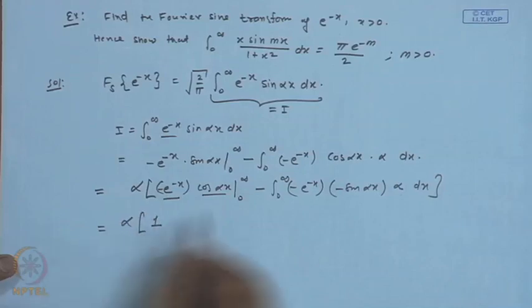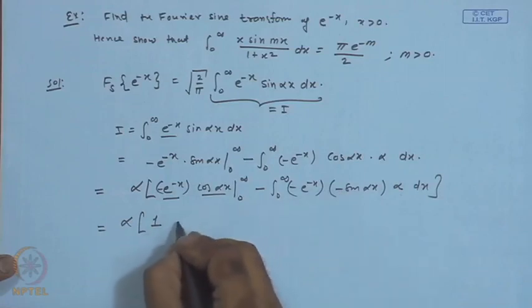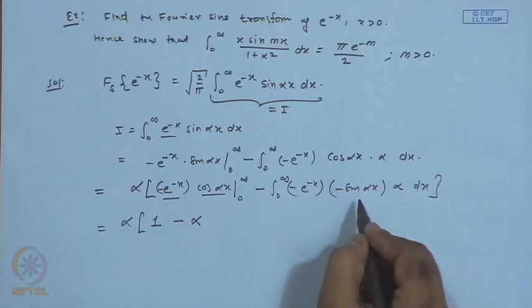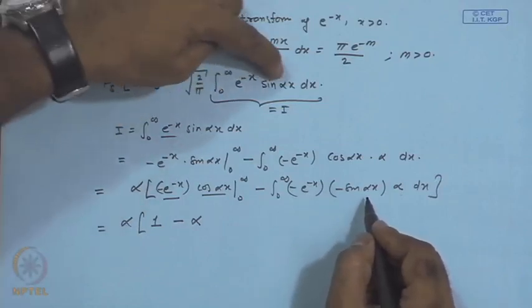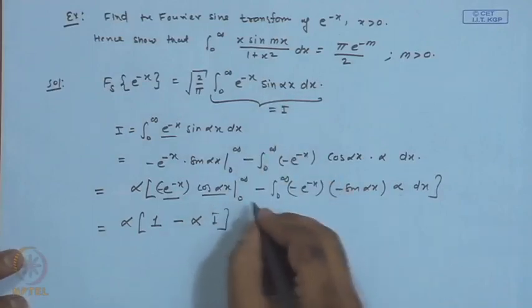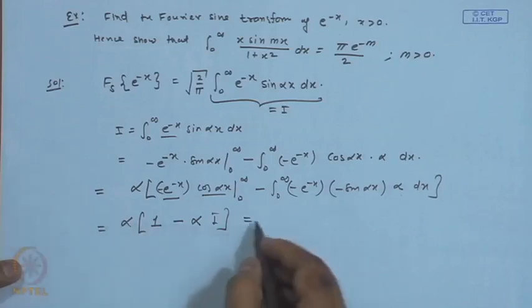So, 1 minus minus will be plus. So, here we have again this minus and alpha, and this e to the power minus x sine alpha x, that is I. So, we have this, now this I we can take to the left hand side.